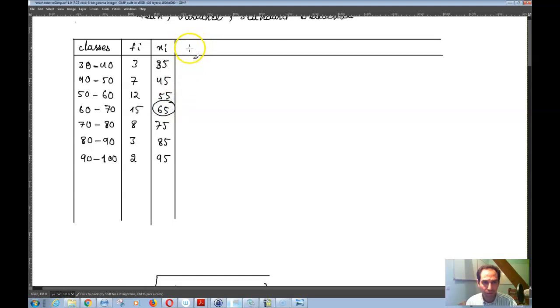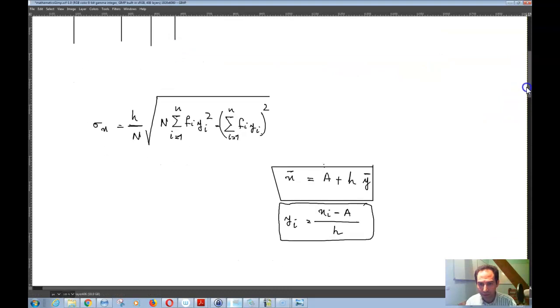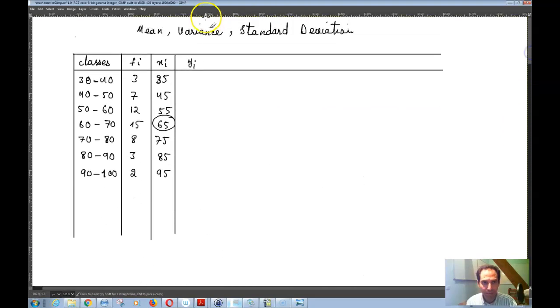So my y of i I could write as x sub i minus a over h. Now my class size is 10, so my h is equal to 10 and my a is equal to 65.